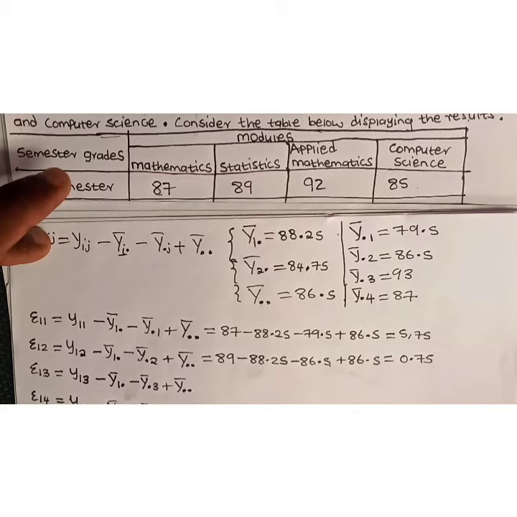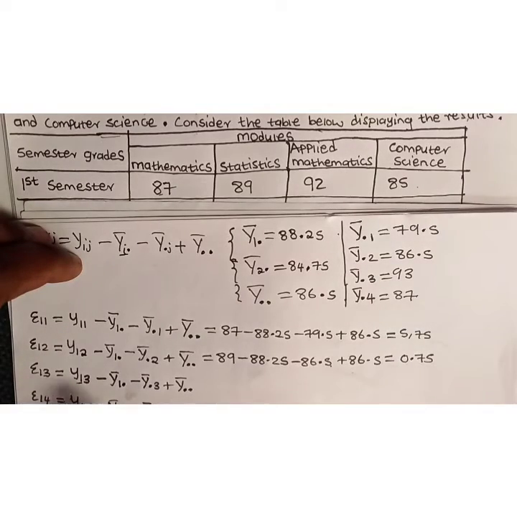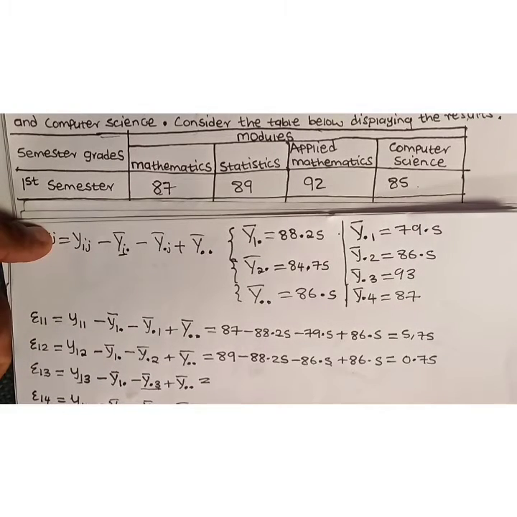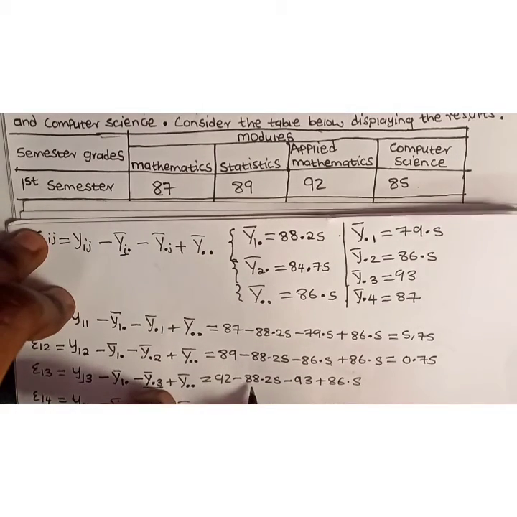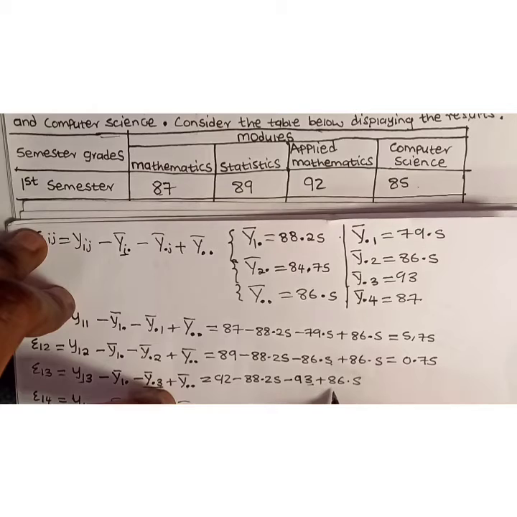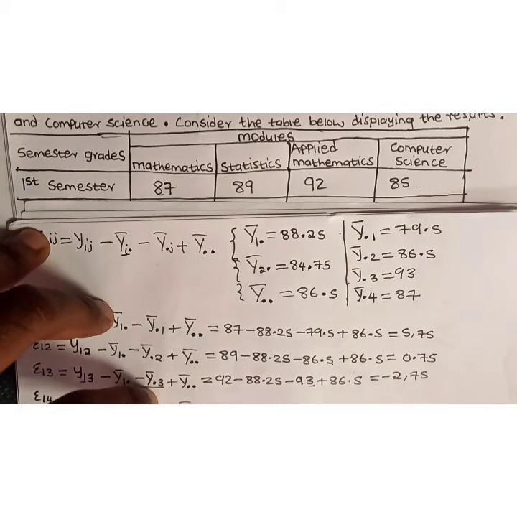E13 is given by the response on the first row, third column, minus mean of the first treatment minus mean of the third block plus the grand mean, which is 92 minus 88.25 minus 93 plus 86.5, and I get negative 2.75.